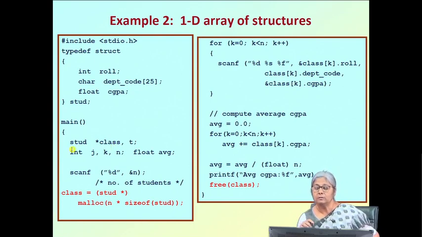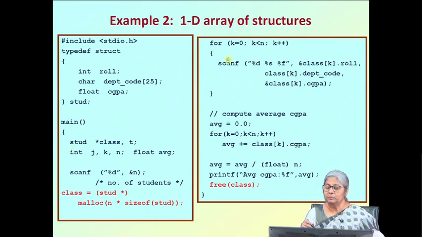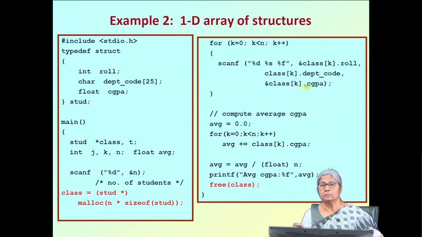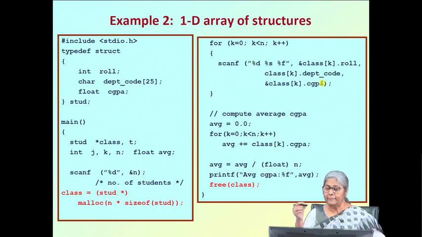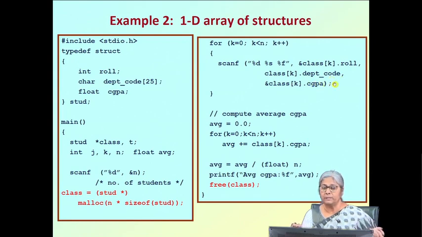Now, for each student we are reading the data of each student, because there are n number of students. So, in a loop we are reading, and already we know how to access the member variable, that is the structure name dot the name of the variable member.